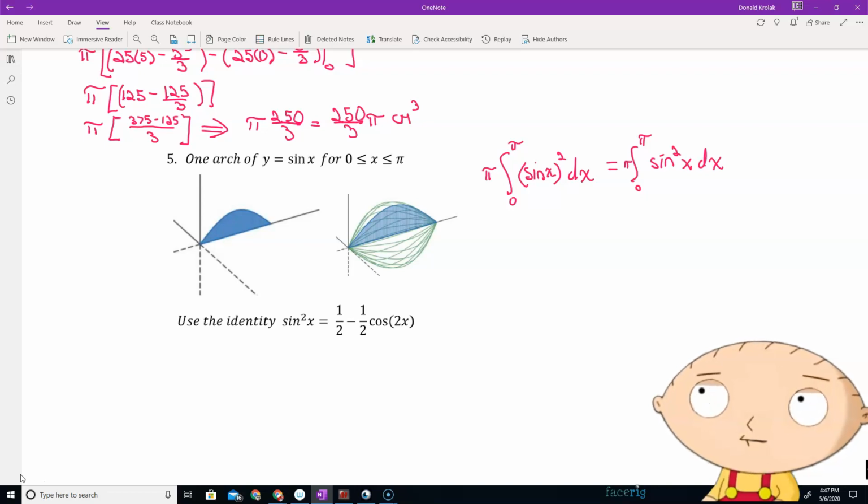And I'm reminded then to use this identity to integrate. So I can rewrite this as an equivalent integral which is far simpler to integrate.